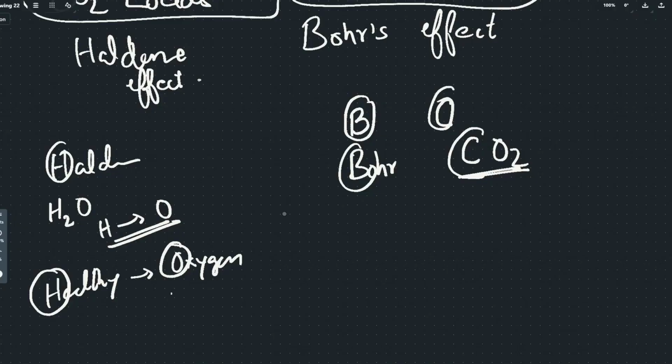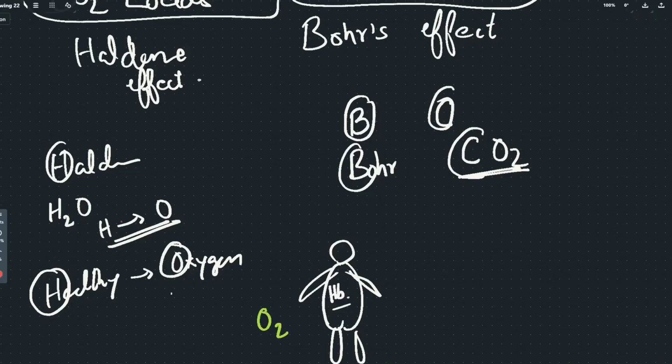Well, I can simplify it even more for you. Let's suppose this is a guy, and this is hemoglobin. Now hemoglobin is sort of a playboy, right? It has two girlfriends. One girlfriend is O2 and the other girlfriend is CO2. Now if it is hanging out too much with O2, then CO2 will not like it and CO2 will jump out.